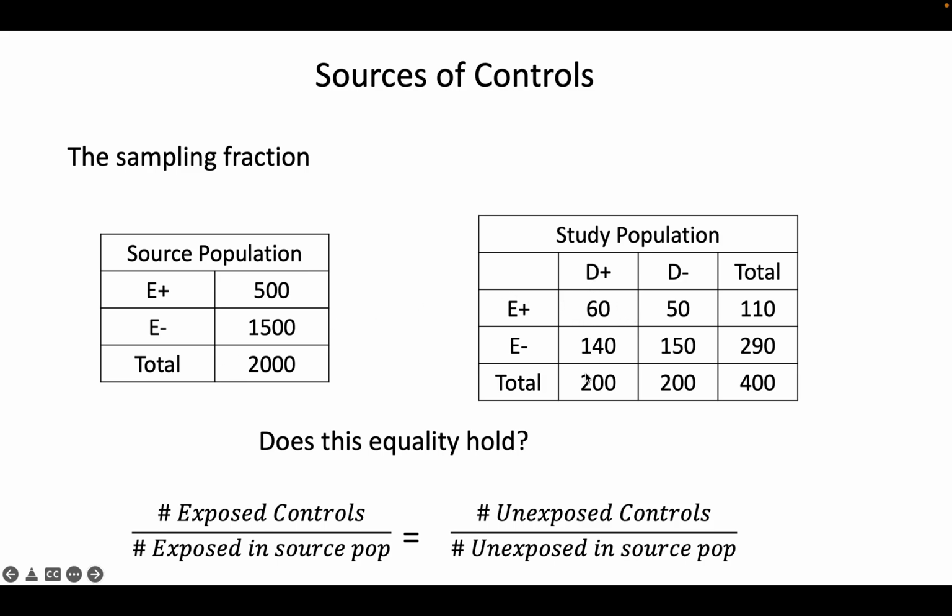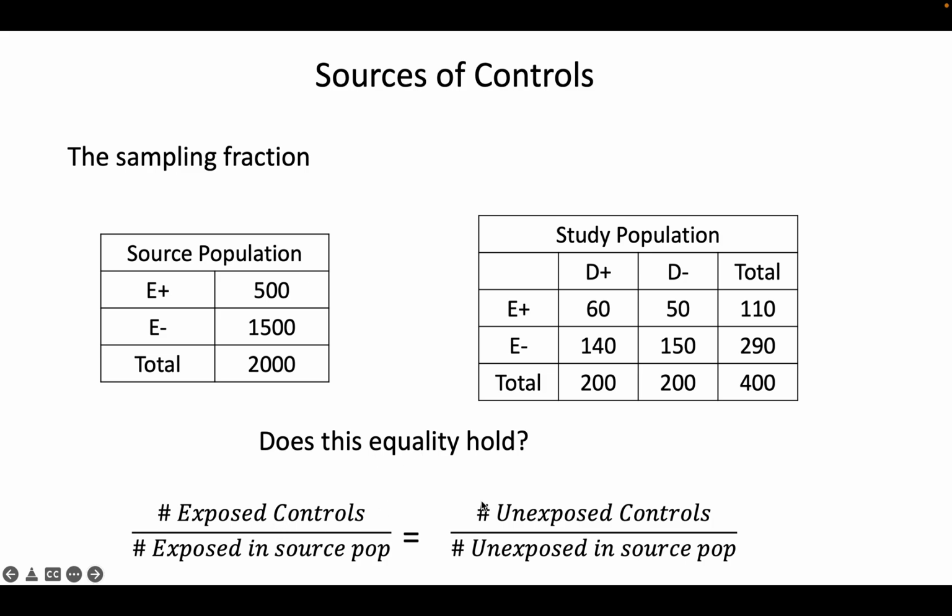And we also have this disease group and their exposure distribution, and we're hoping that the exposure distribution in our disease negative group is reflective of the population at large, because the idea is in a perfect world we would have used the entire source population for this study, but we're taking a sample, and if our sample is done correctly, it should be as good as using all of them. Basically it should get the same answer.